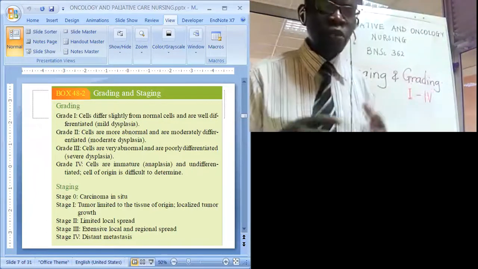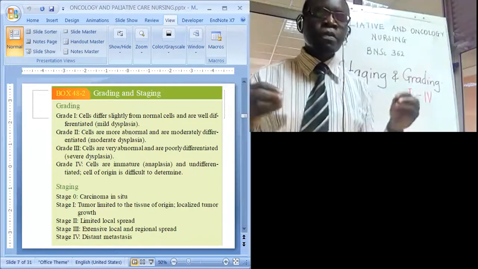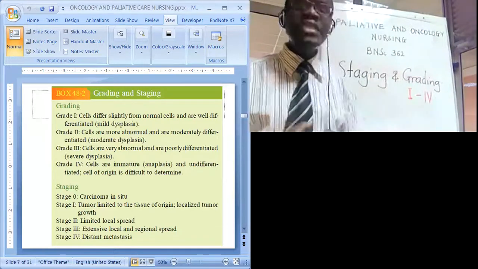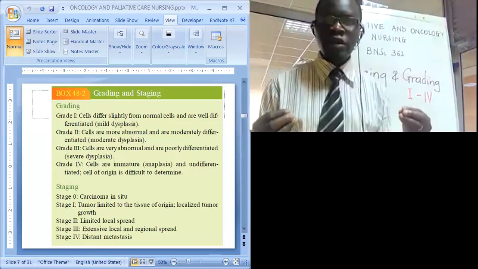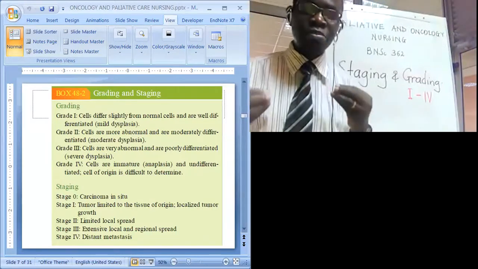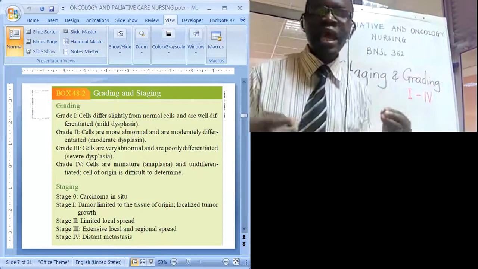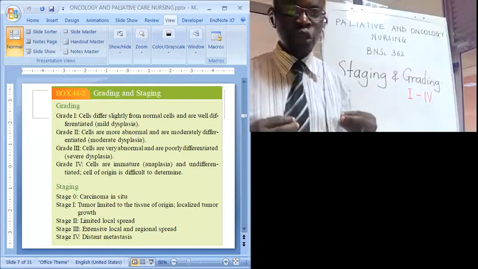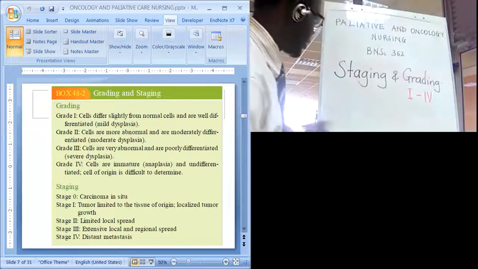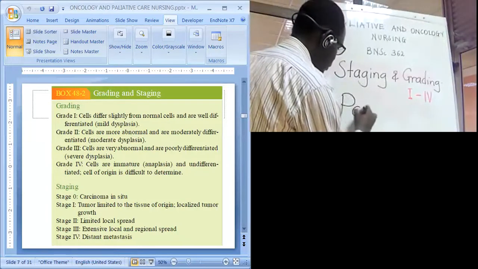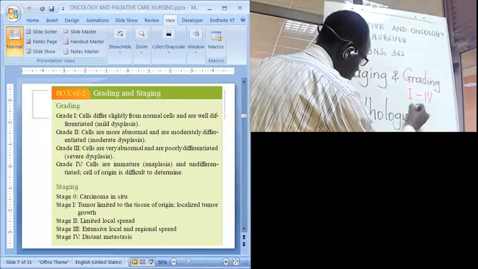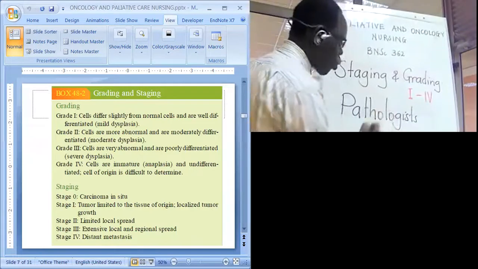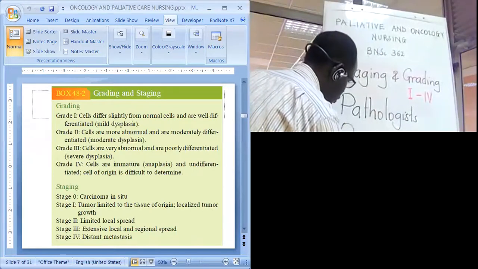And maybe one thing that I should have mentioned is that oncology is a branch of medicine that involves specialists. In Uganda or elsewhere, they are called pathologists, or oncologists.